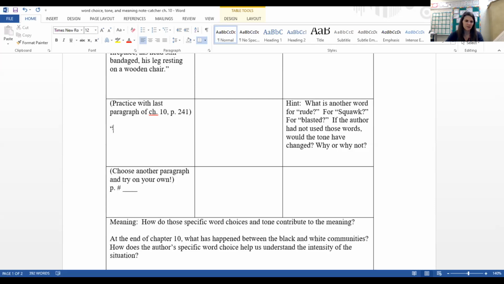What feeling do we get from that? The rude squawk of the truck's horn blasted the quiet evening. So remember too, who is blasting the horn? She had just said, I thought TJ wasn't going to go with the Simses. So R.W. and Melvin Sims have come to the revival, the Black revival, right, at their church.